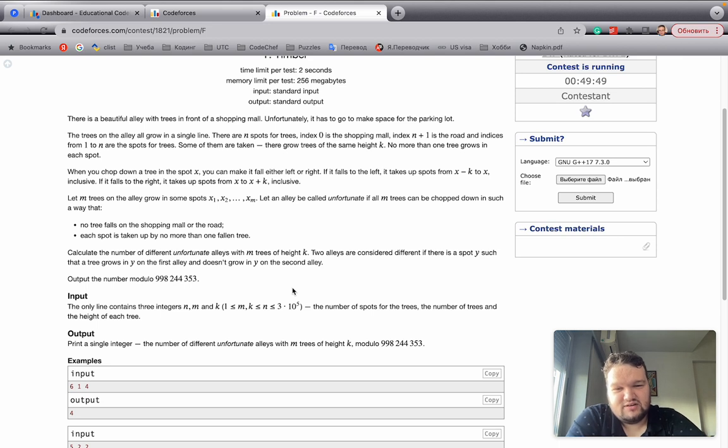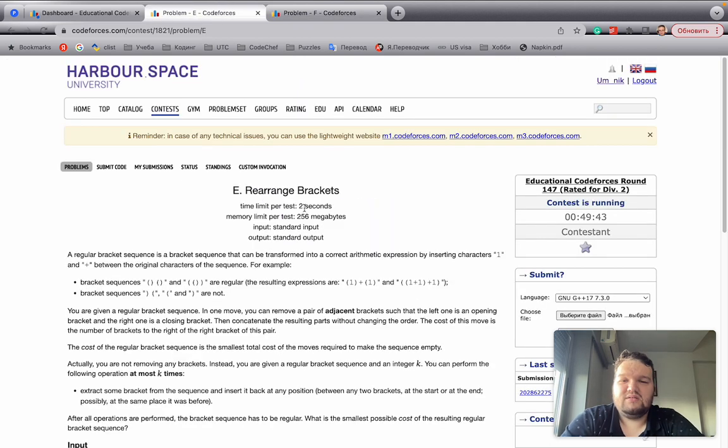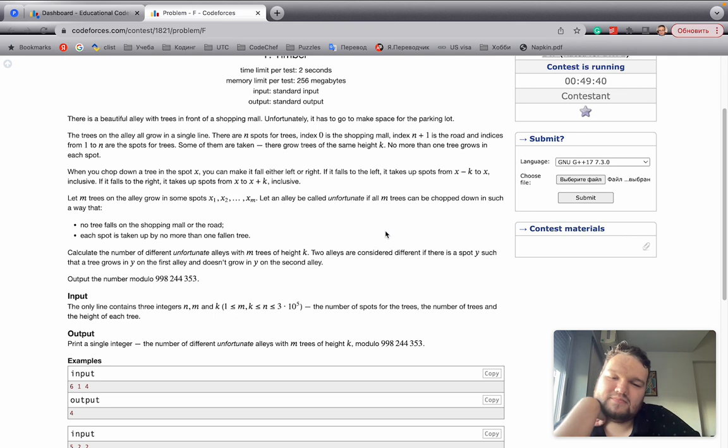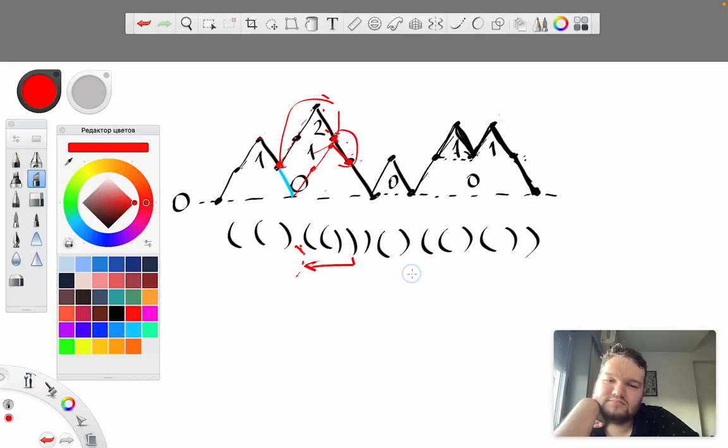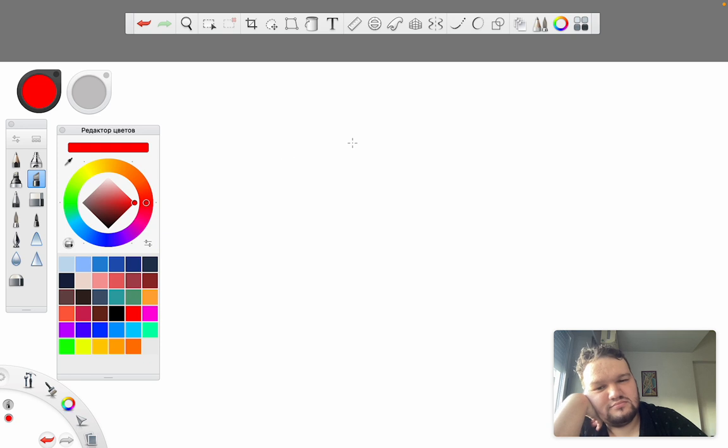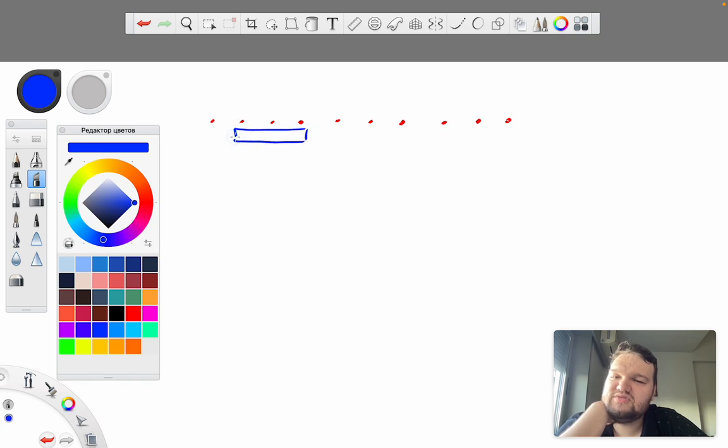Okay, so after we fall all the trees, there will be segments, and each segment will cover k plus 1 possible points.